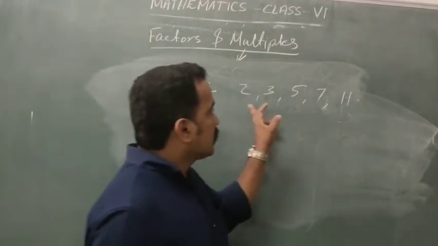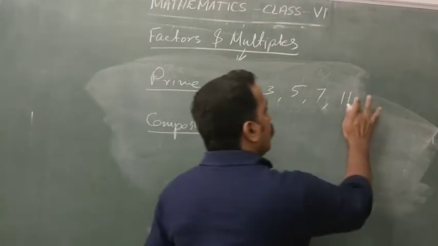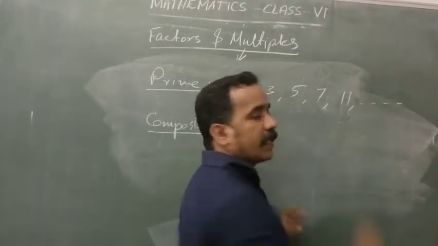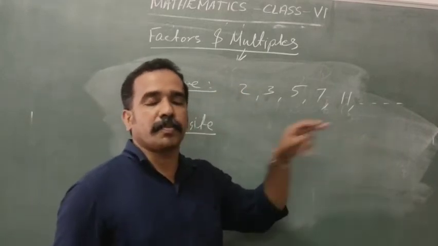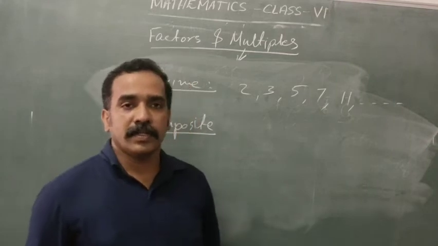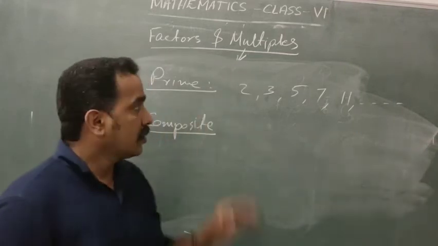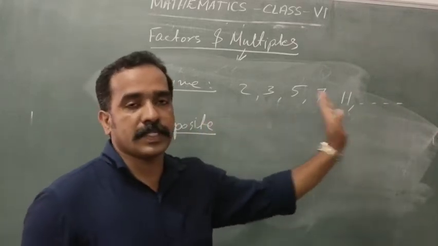So these are the prime numbers. Note, the list is not ending. After 11, 13 is a prime number, then 17, 19, then 23, etc. The list goes on. So that type of numbers are called prime numbers.